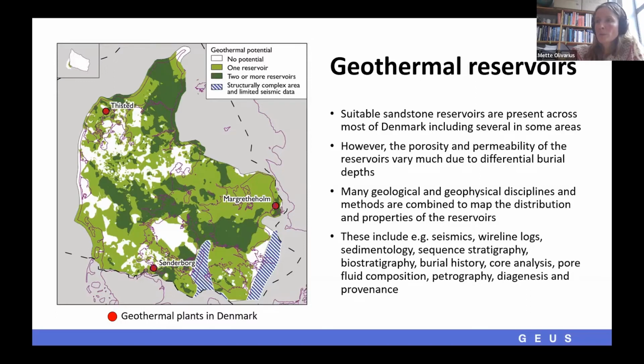We measure the pore fluid composition when possible, and then look at the mineralogy like petrography and diagenesis and provenance. And diagenesis is the process by which a sand transforms into sandstone at burial because of the elevated temperatures. So all these minerals start precipitating between the grains, and others dissolve.